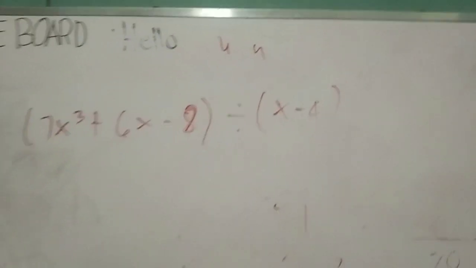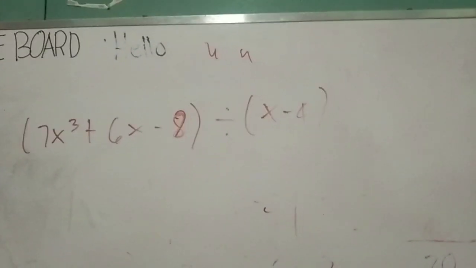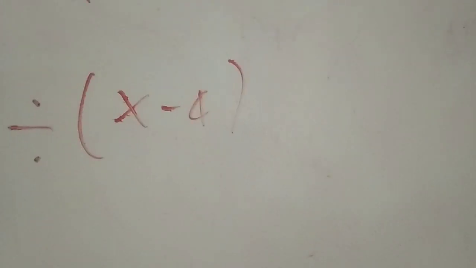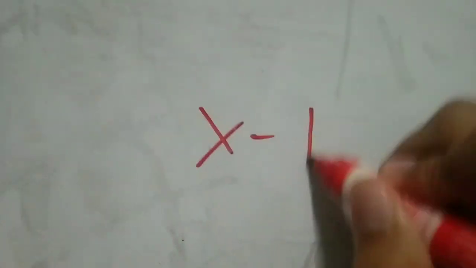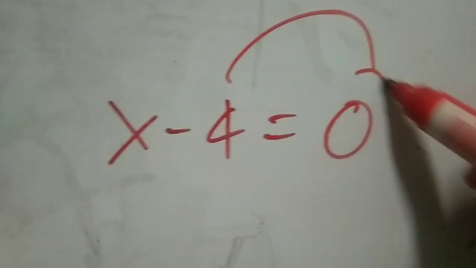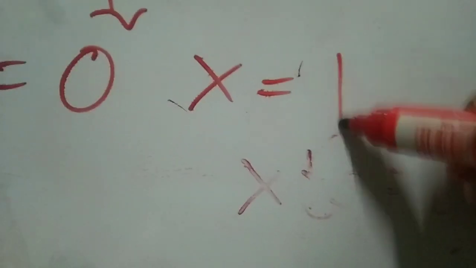If we answer it the usual way, we will not get the correct answer. So first, let's get the opposite of the factor. x minus 4 is equal to 0. So you transpose it and it becomes x equals 4, positive 4.